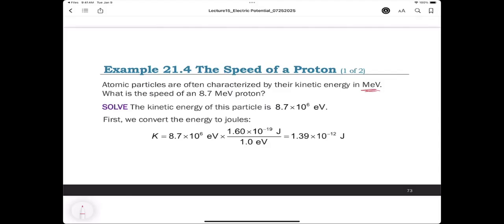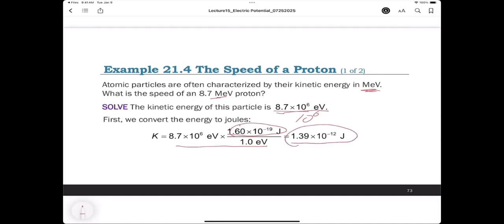The kinetic energy of this particle is 8.7, but this is in MeV, where M means mega. First we convert the energy to joules. Because 1 eV is this value, the K should be equal to 1.3 times 10 to the power of some joules.